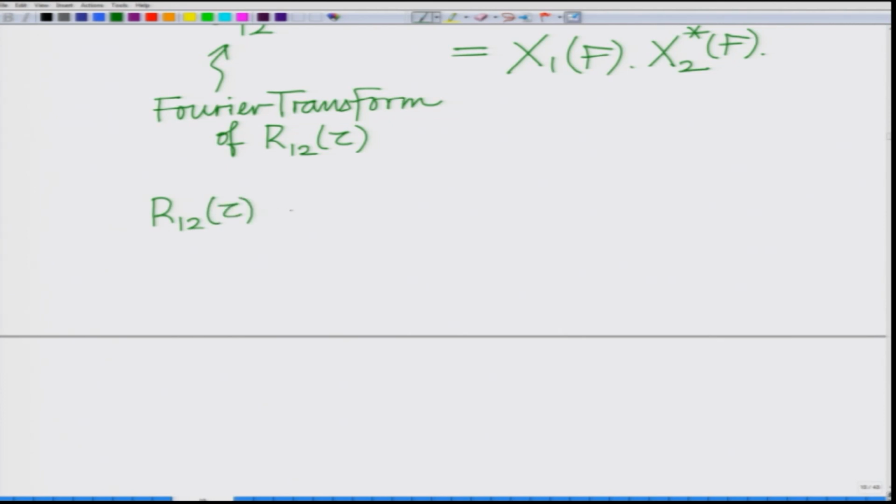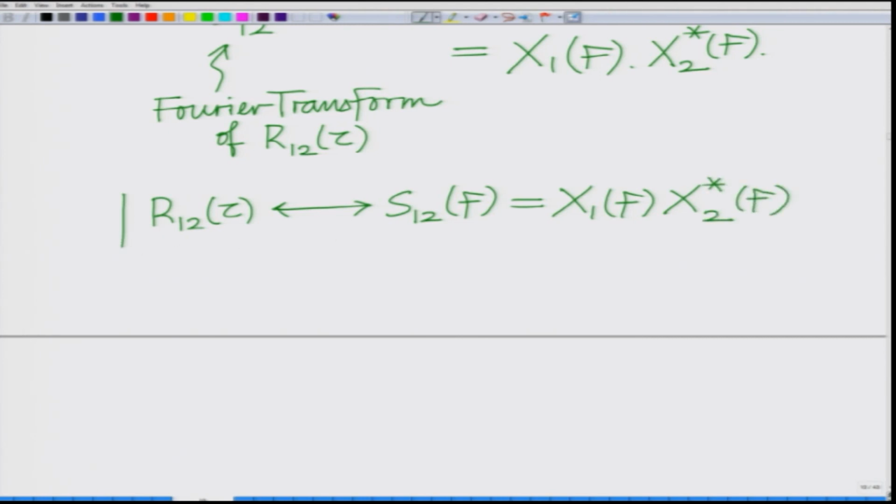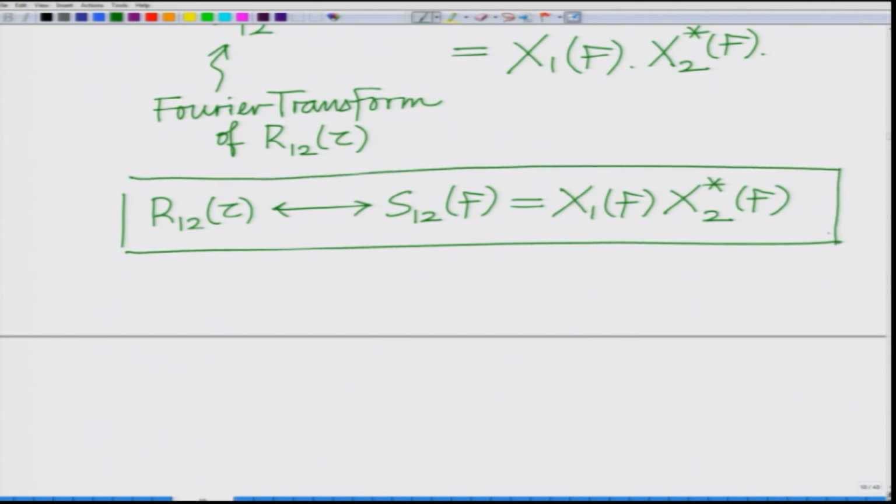Therefore, R12 of tau has Fourier transform S12 of f, which is equal to x1 of f times x2 conjugate of f.